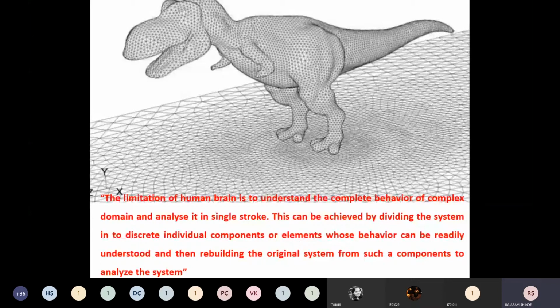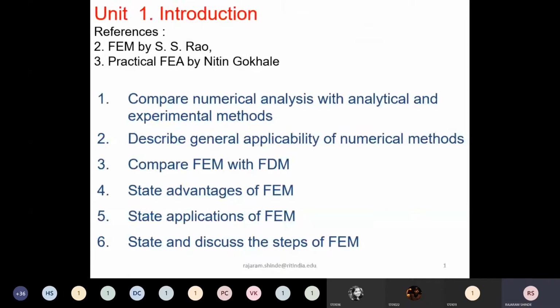It is the same as lifting a heavy load. If the load is very high, then we cannot lift it in a single stroke. What we do is divide that load into a number of small sub parts, and then we lift that load. It is the same thing, but here it is done by mathematics.